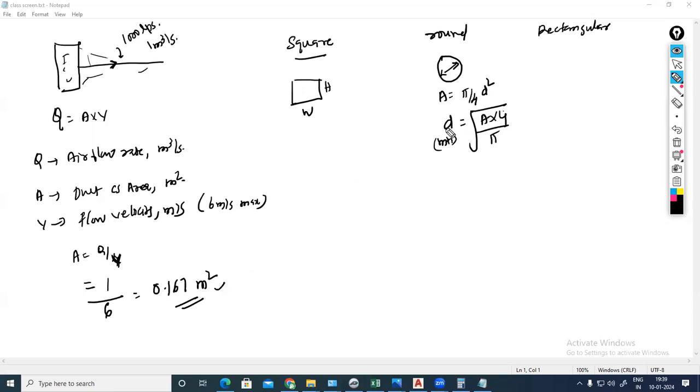Rectangular duct width and height are not uniform, right? First, I'll size the square duct. For a square duct, width into height is equal to 0.167 meter square. You can take the square root of this, and width and height are the same there. So the square root of 0.167, how much will you get?